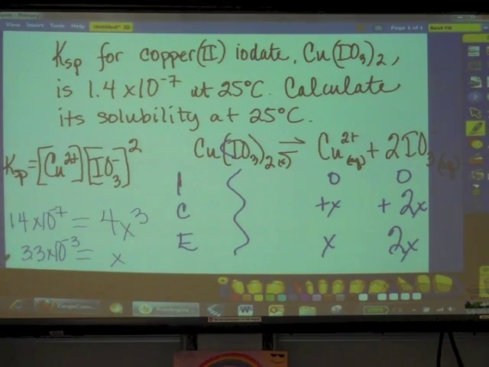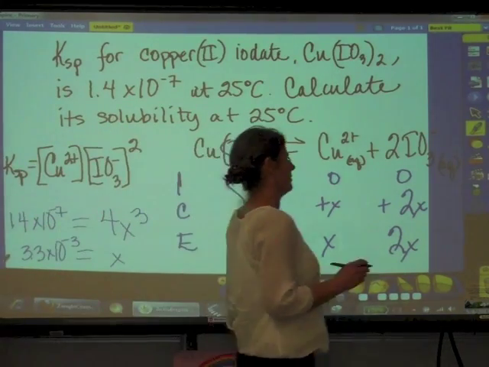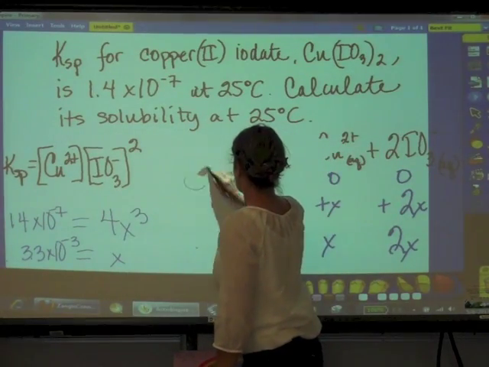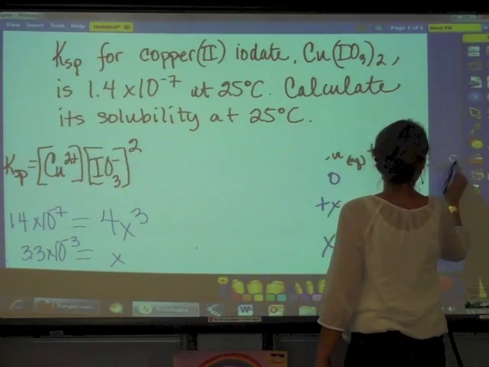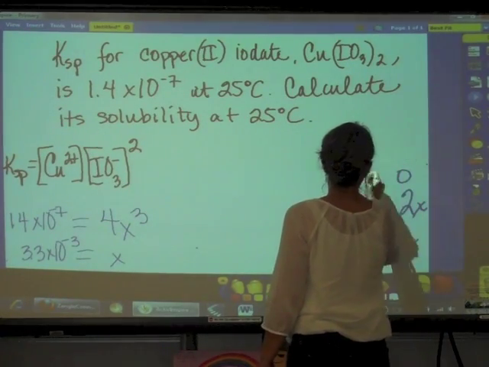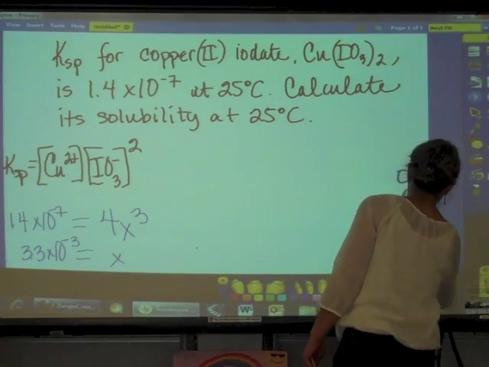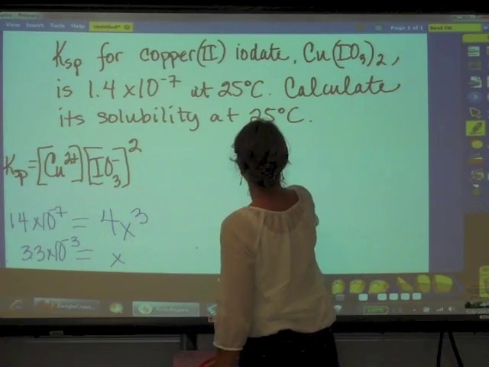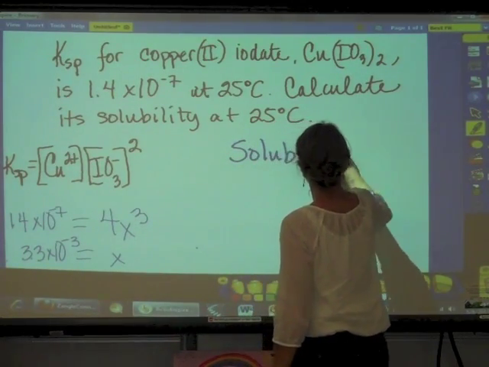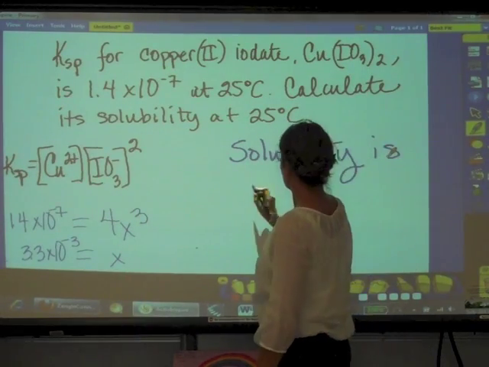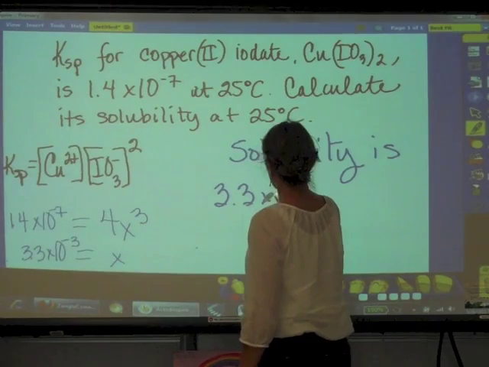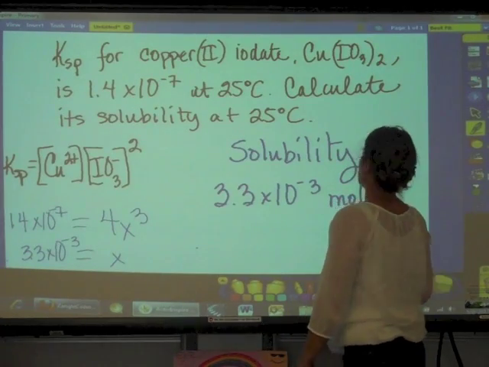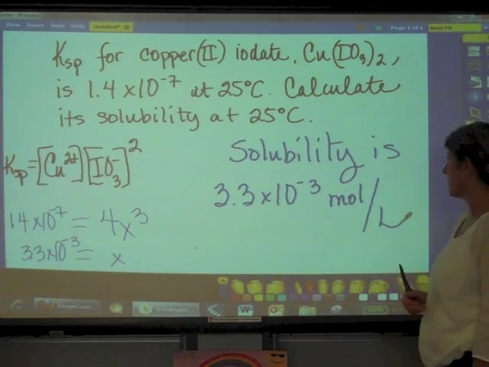Okay, so now how do we write that as our answer? So that means that the solubility is 3.3 times 10 to the minus 3rd moles per liter at 25 degrees Celsius.